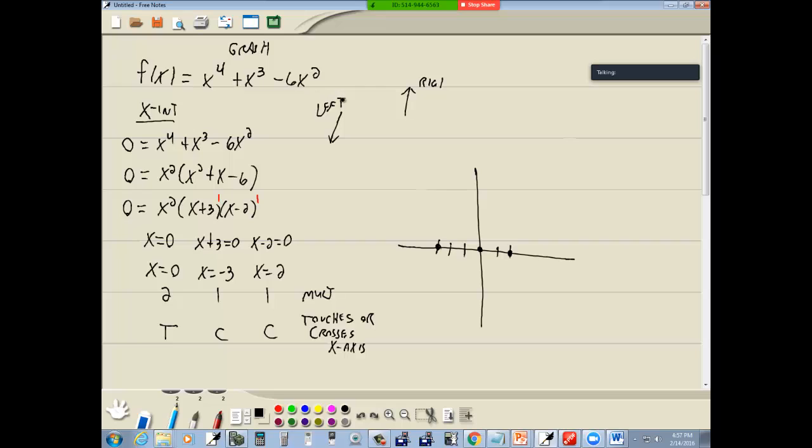Wait a minute. This is x to the fourth. Let's try it again. Since we got a positive 1 here in an even power, then this is up to the left, and it's up to the right. Right, it's like a parabola.